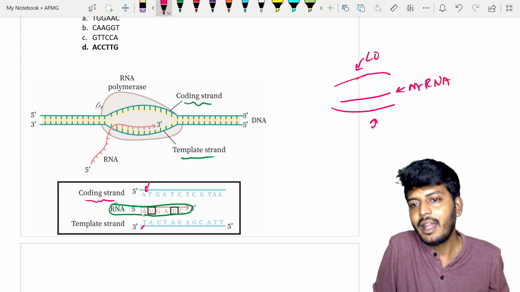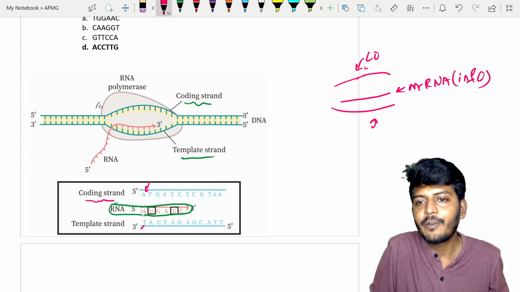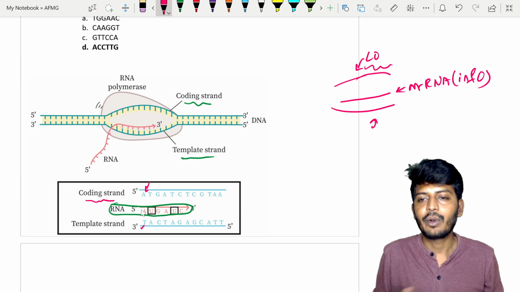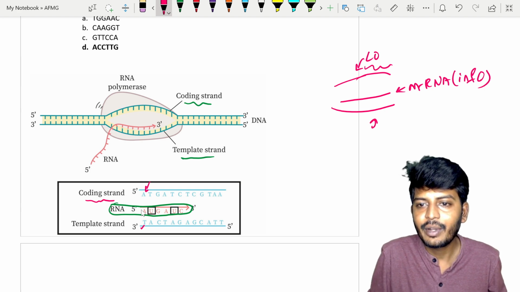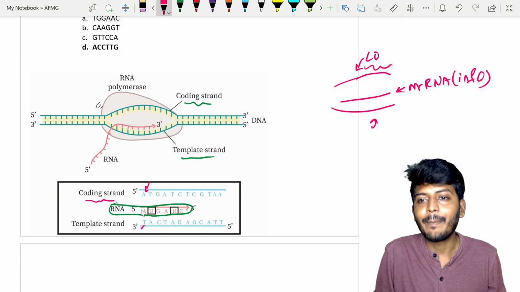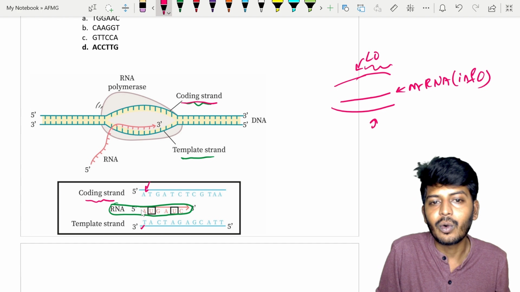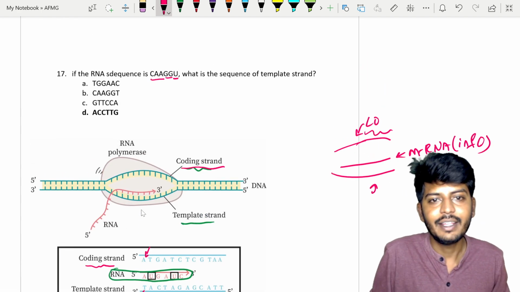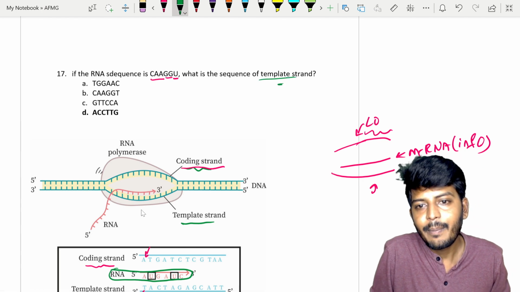The information in the mRNA will be similar to the information in the coding strand. So mRNA grows on the template strand, but mRNA will be similar to the coding strand. What they are asking is, what is the sequence of the template strand?